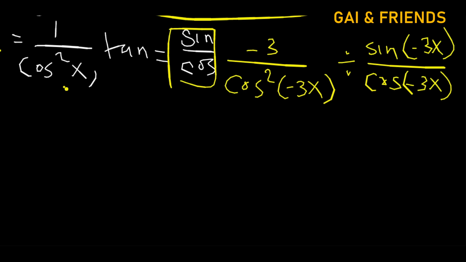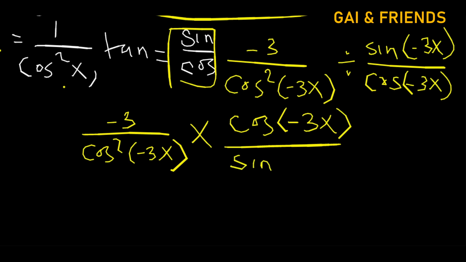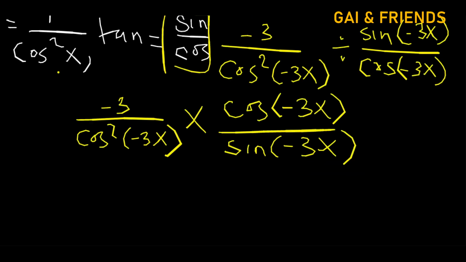Now let's multiply this. It's going to be negative 3 out of cos squared negative 3x times, and we do the reciprocal of that, it will be cos negative 3x out of sine negative 3x. At this point, we can cancel some things out.